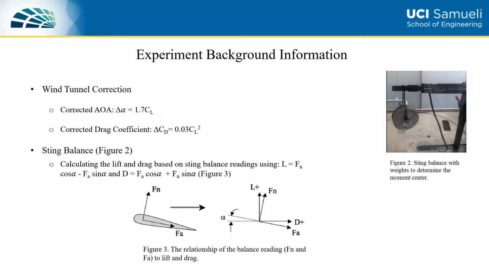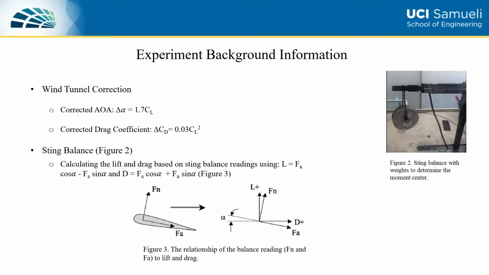And then we also want to correct our drag coefficient, so we would multiply the square of the lift coefficient by 0.03, and that will give us the actual data of a real life application.